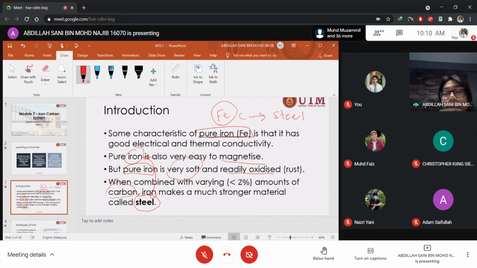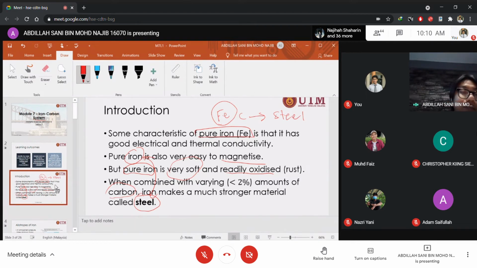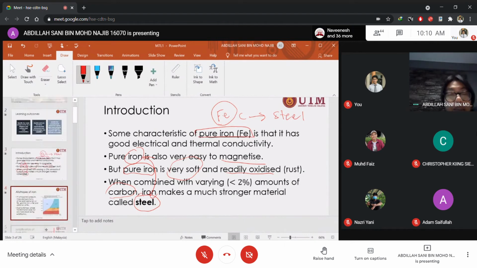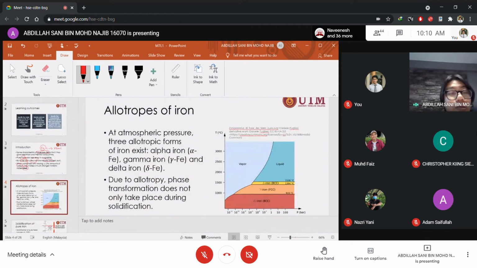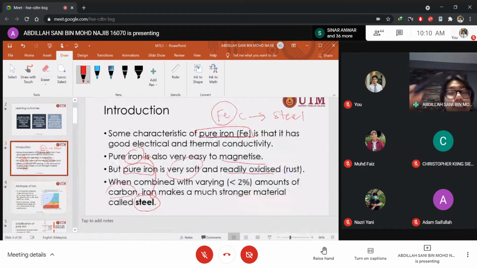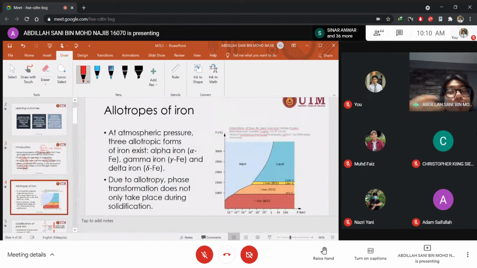And actually for steel, let's see. Okay, before we go into understanding the steel, let's have a look at the pure iron itself first. So this is a diagram telling us the phases of iron.